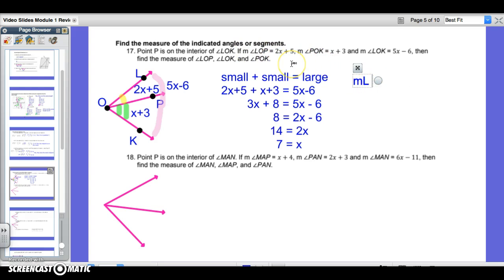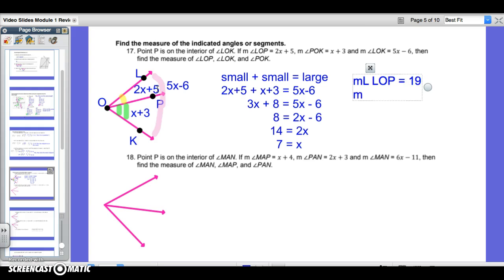So the first one that we're talking about is actually LOP, and LOP is the small one right here. So 2 times 7 is 14 plus 5 is going to be 19. So 19 is that one.